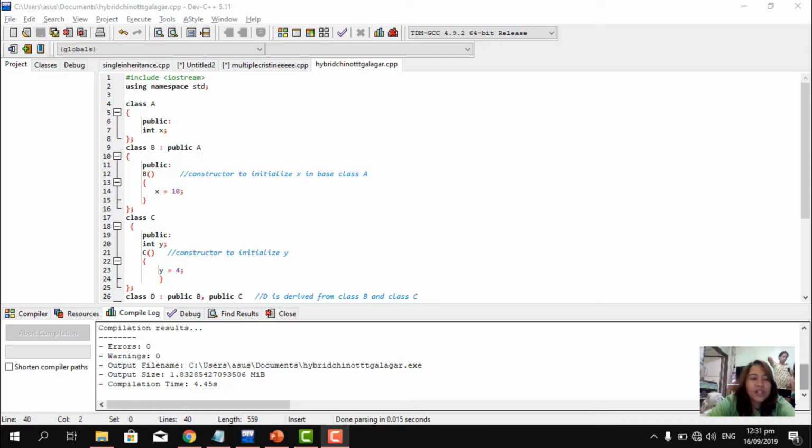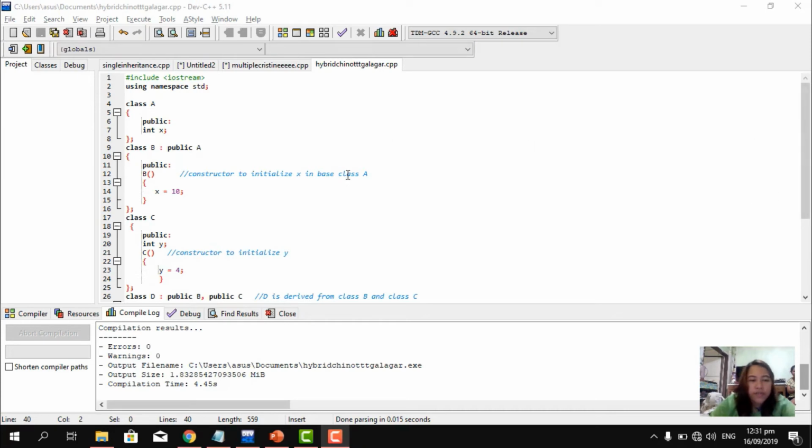So the next one is called hybrid inheritance. The inheritance in which the derivation of a class involves more than one form of inheritance is called hybrid inheritance. So basically, C++ hybrid inheritance is a combination of two or more types of inheritance. It can be multiple, single, or any other inheritance.